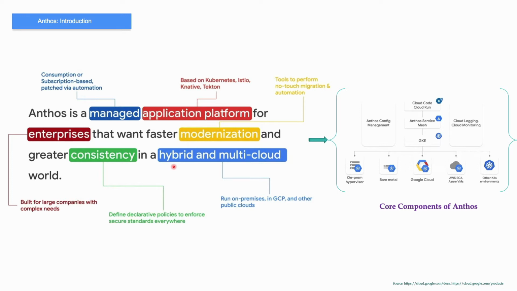Anthos is a managed application platform for enterprises that want faster modernization and greater consistency in a hybrid and multi-cloud world. Now, I'll go through some of these keywords, but the reason it says that it's for modernization of hybrid and multi-cloud world is because, based on the legacy systems that we had, systems have always struggled because of different runtimes, different execution requirements, different platforms supporting different applications, and it was really difficult to pull all of that together.